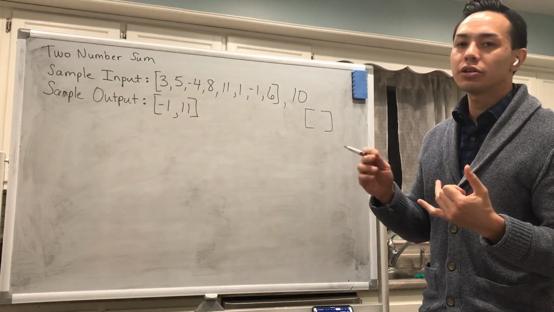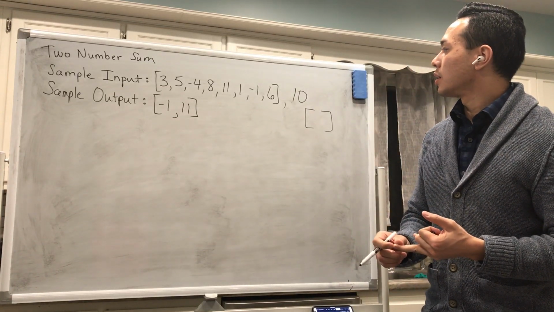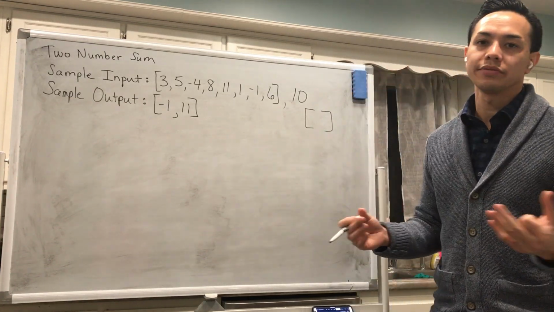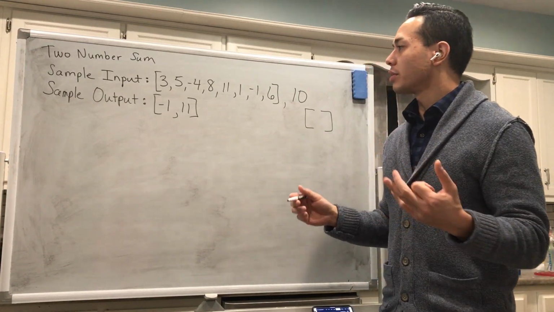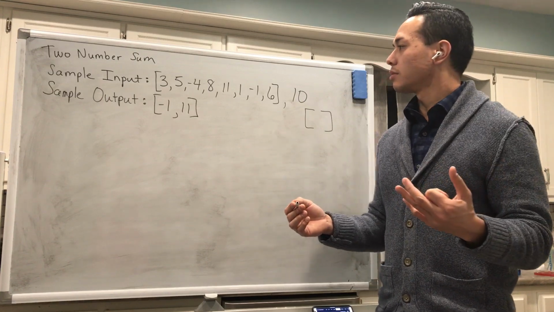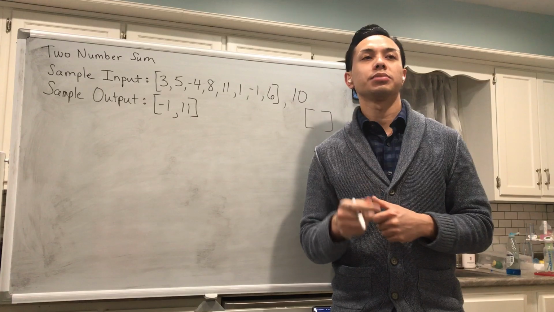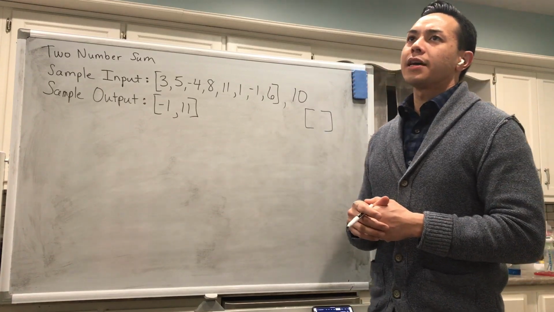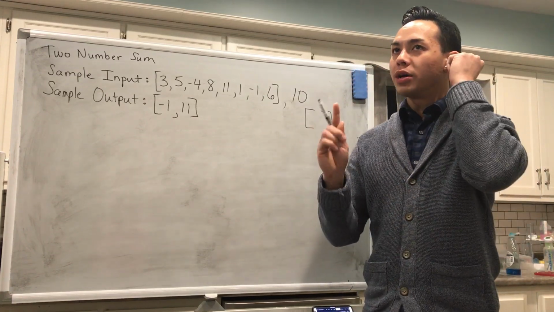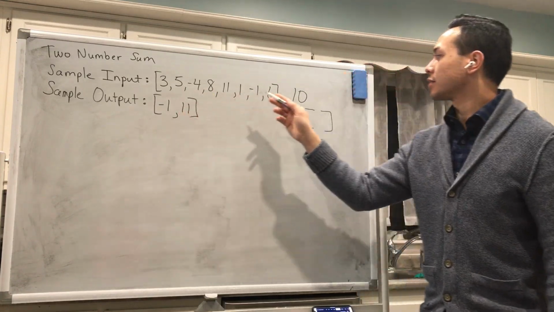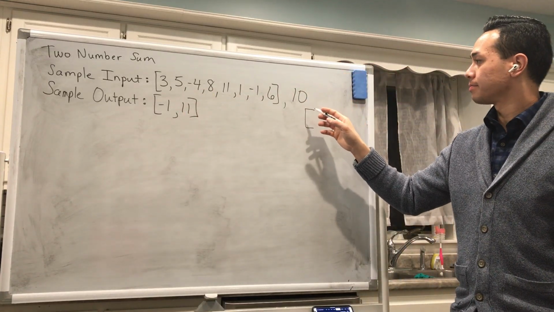Alright, so we know a lot about our input, we know a lot about our output. Some other things that we need to take into consideration before we start coding, or pseudocoding if you will, is we should probably figure out what the constraints are, right? The only constraint I remember from the problem, and if you look in the description below, it says that we can expect at most one pair of numbers from the given input array that sum up to the target sum.